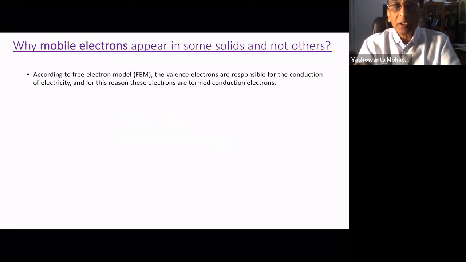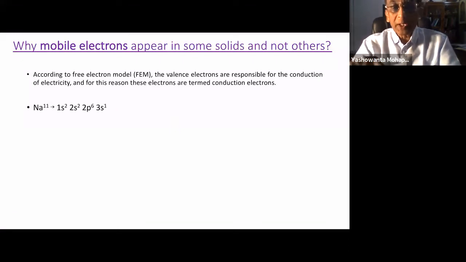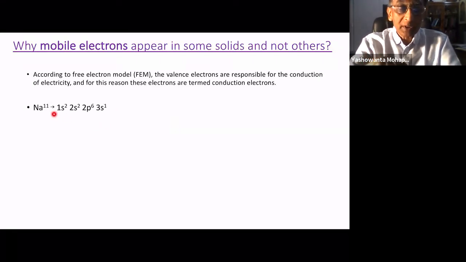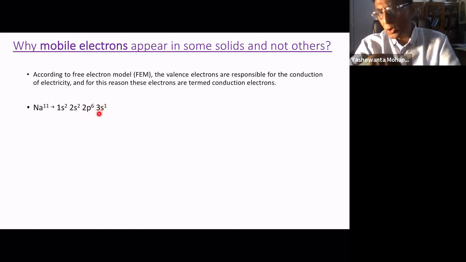Let me take an example, say sodium. Sodium 11 has this as the core, and there is one valence electron, 3s1. This 3s1, being the third shell, is quite far out and is not very strongly bound to the core, and hence is the valence electron.